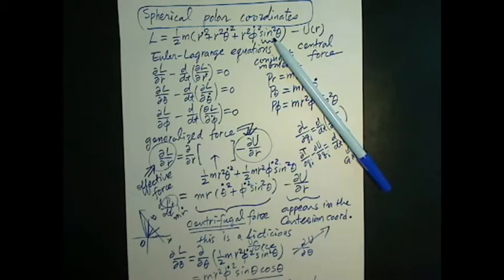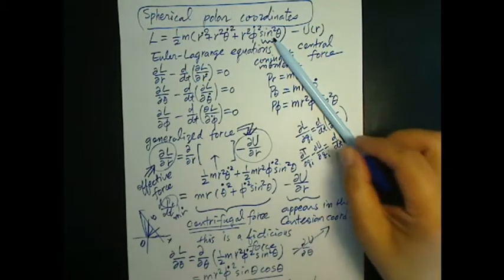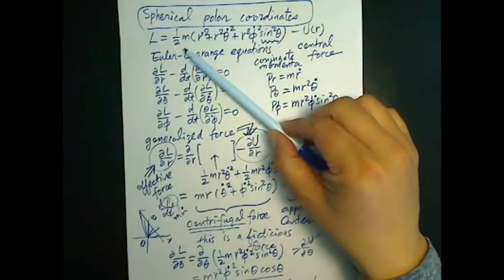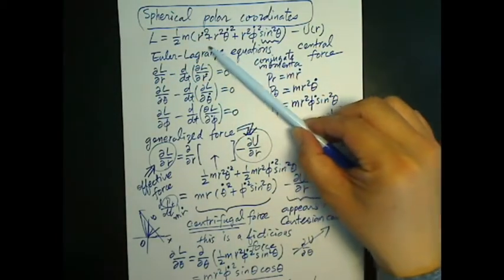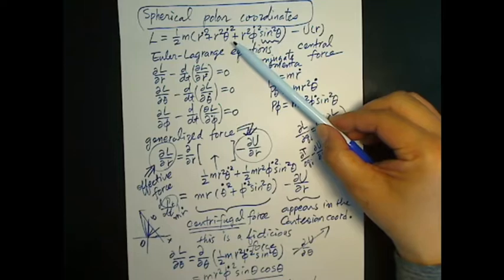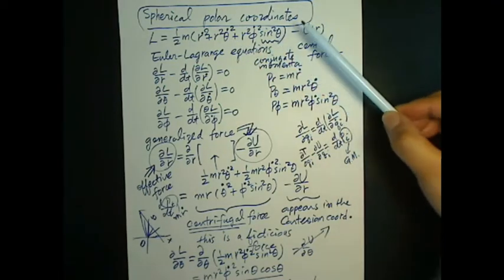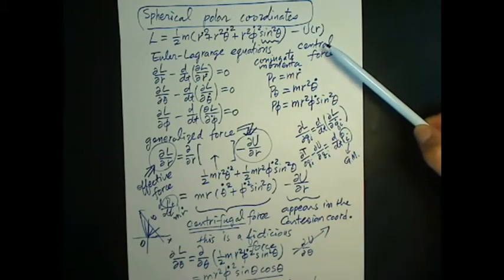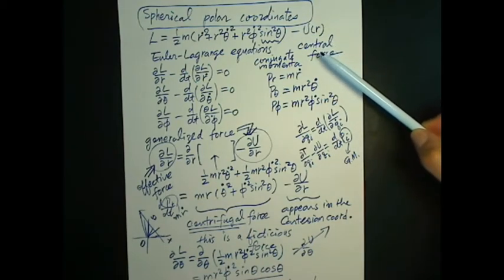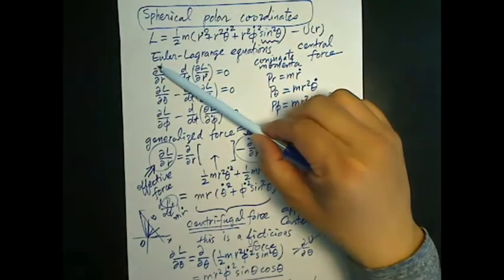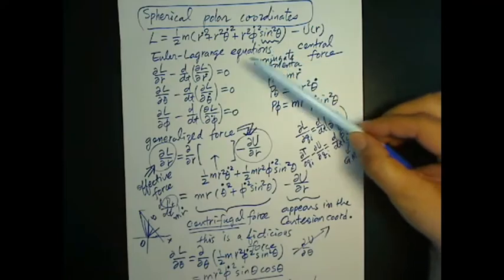The Lagrangian of a point particle under central force is described in this way. First, the Lagrangian is 1/2 m v squared, that is, r dot squared, plus r squared theta dot squared, plus r squared phi dot squared sine squared theta. And the central force depends only on the radius, the magnitude of the position vector. And we have three Euler-Lagrange equations.